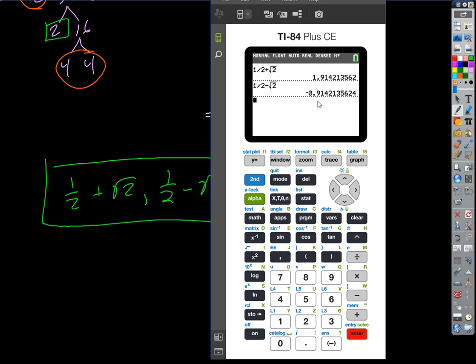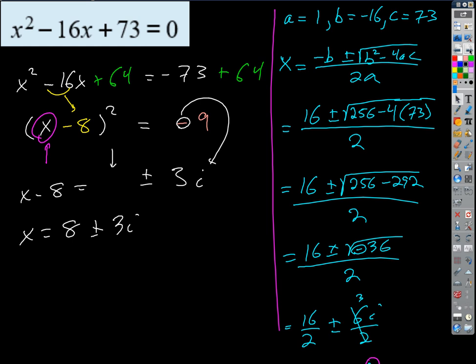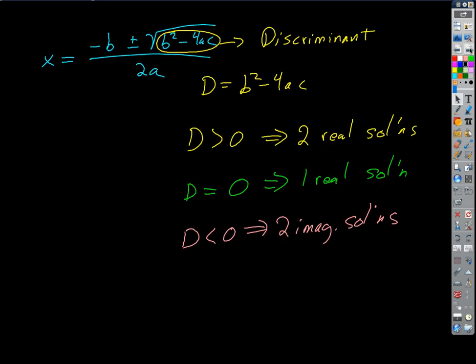Okay. What do you think is going to happen in the case then? We actually had 3 possible outcomes that we looked at. Discriminant's positive gave us 2 real solutions, so 2 x-intercepts. If the discriminant's negative, we got 2 imaginary solutions, no real solutions, right? So that was no x-intercepts.